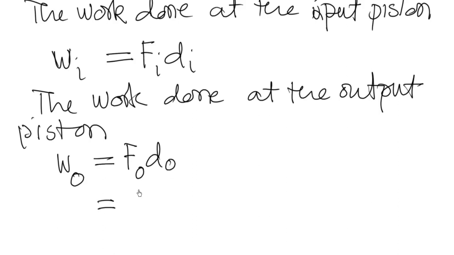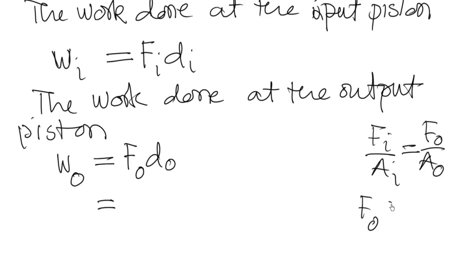Now if we substitute this, F naught is, we had, if you remember, Fi by Ai equal to F naught by A naught, and F naught is A naught by Ai into Fi.